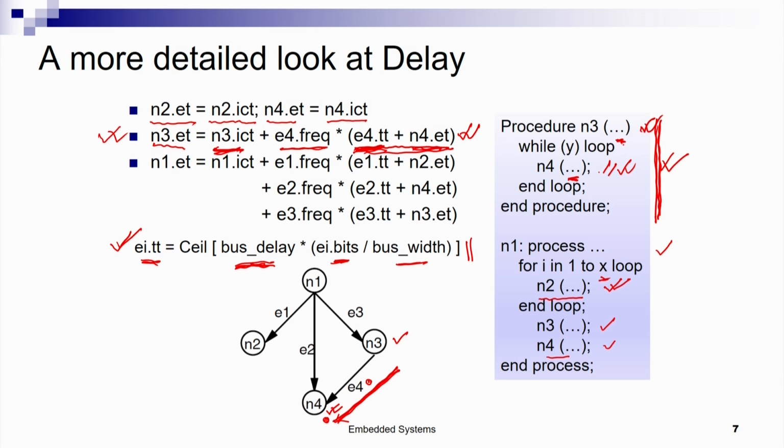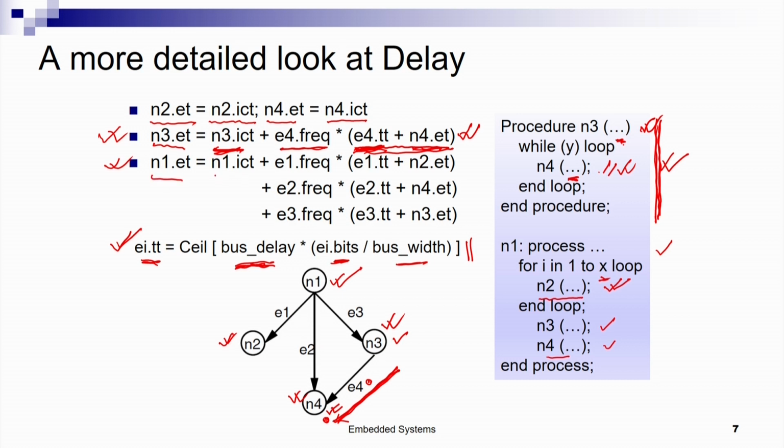Now, what is the overall computation time of N1? It is again given by this one. We see that N1 executes itself and it calls N2, it calls N4 and it calls N3. So, like we just calculated for N3, what will be its total execution time?